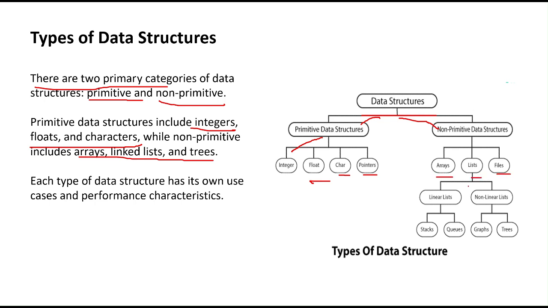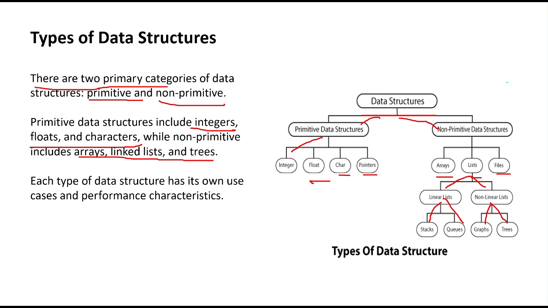The list is further classified into two types, linear list and non-linear list. These linear lists are classified into two parts, stacks and queues. Linear means a sequence of data is stored in a particular order, like in a queue, whereas in the non-linear list there will be edges and nodes where the data is stored.